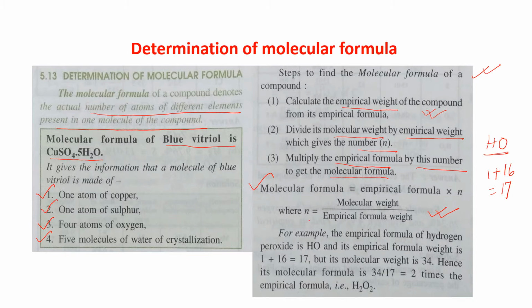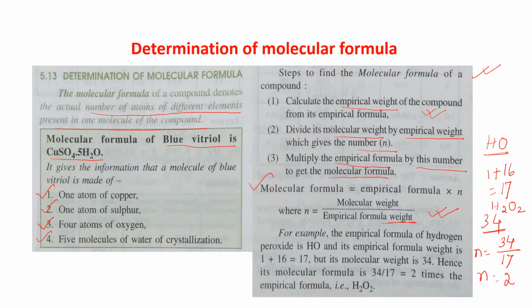Molecular weight of H2O2 is 34. This is a known example. The molecular formula of hydrogen peroxide is H2O2, so its molecular weight is 34. So how to calculate N? N is equal to molecular weight, that is 34, by empirical formula weight, that is 17. So I am getting N as 2.